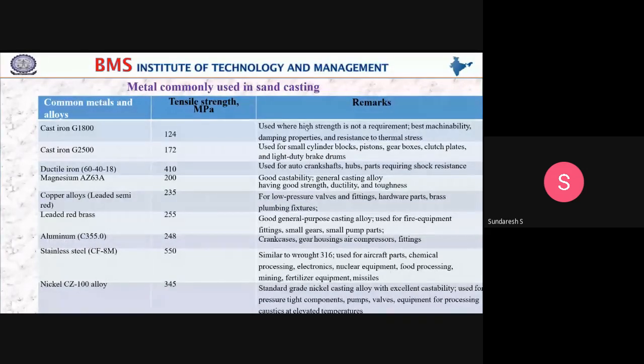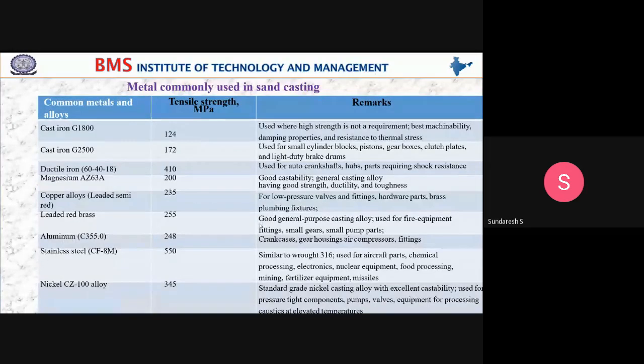Cast iron is used where high strength is not a requirement; it has the best machinability, damping properties, and resistance to thermal stress. Similarly, ductile iron is used for auto crankshafts, hubs, and parts requiring shock resistance, and coming to the copper alloys, they are used for low pressure valves and fittings, hardware parts, brass, and plumbing fixtures.